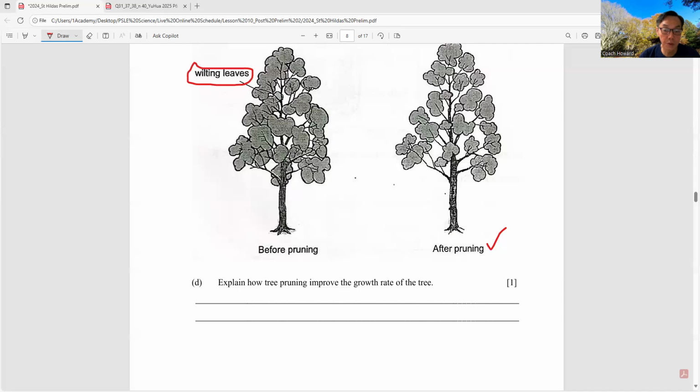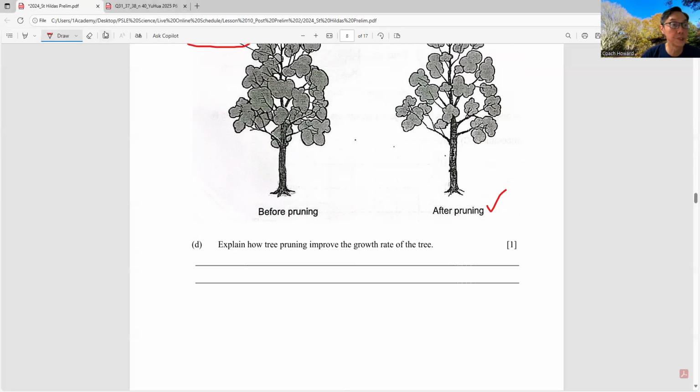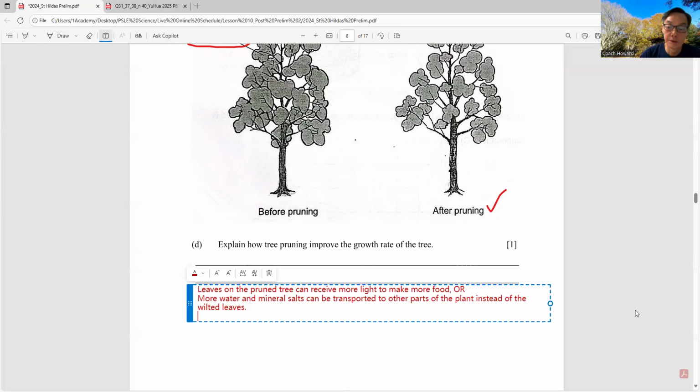Okay, there's actually two possible answers for this. Because you remove away the withered leaves, right? That means less water needed. Less water needed. So for this question, there are two possible answers, which I will show here.